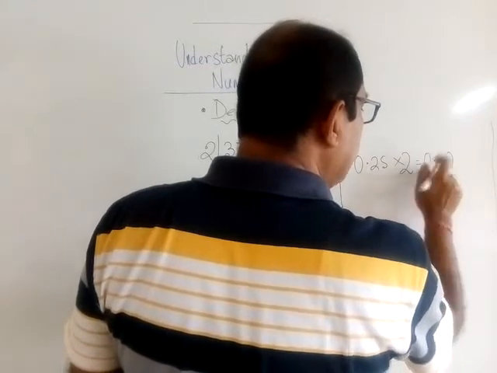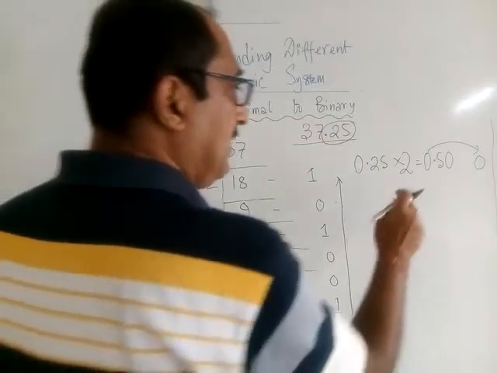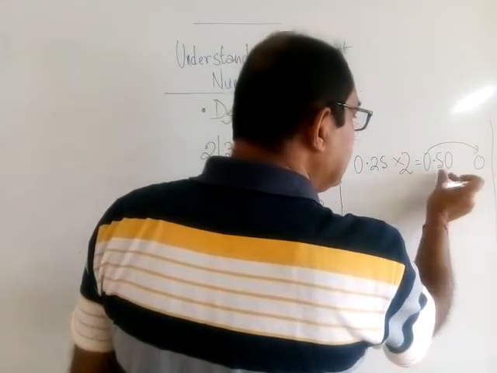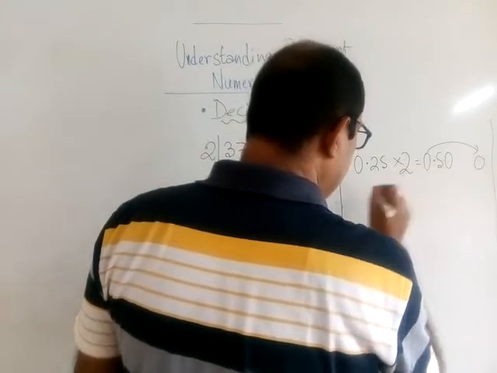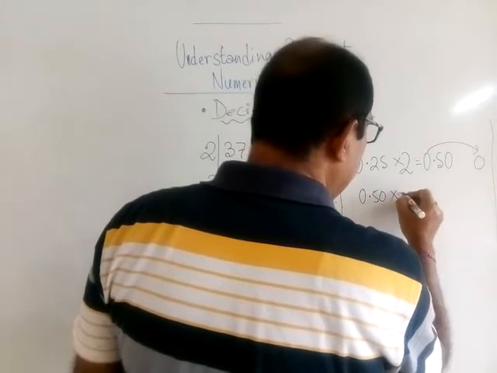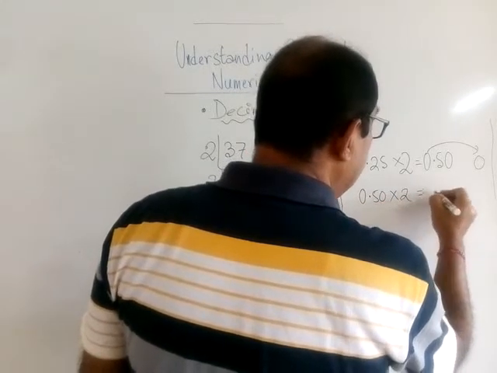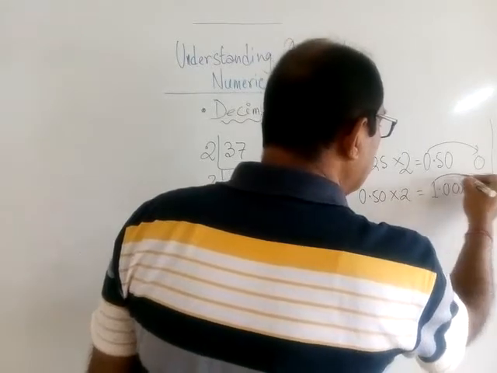Integer part is 0. So I will write here 0. Now look at this, what is left in the decimal part? In the decimal part, you got 0.50. So take 0.50 multiplied by 2. How much will you get? You will get 1.00. So take out this 1.